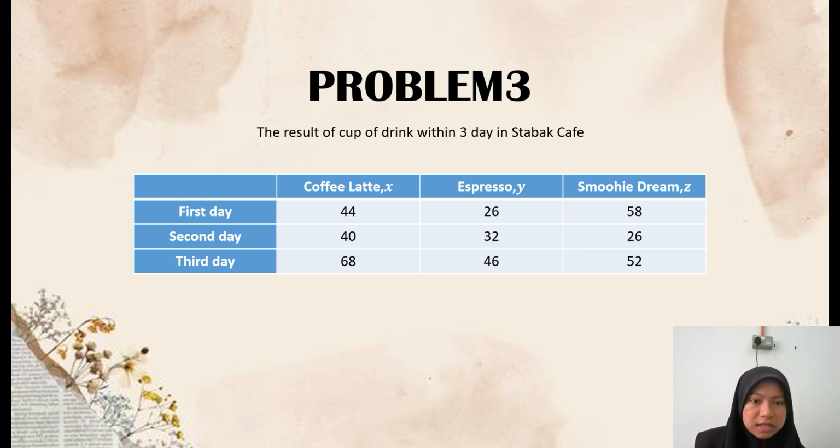Also on the third day, coffee latte is 68 cups, espresso 46 cups, and smoothie drink 52 cups. The totals are for the first day, second day, and third day.